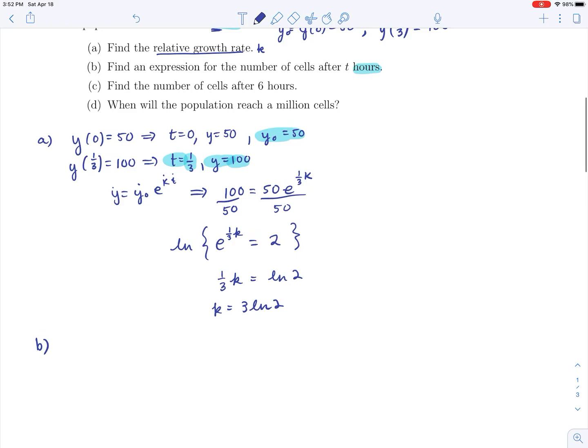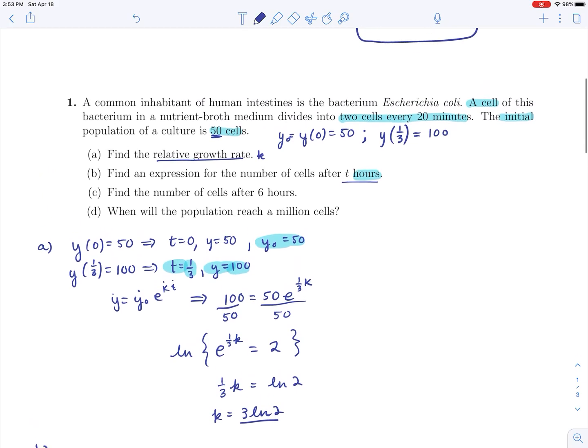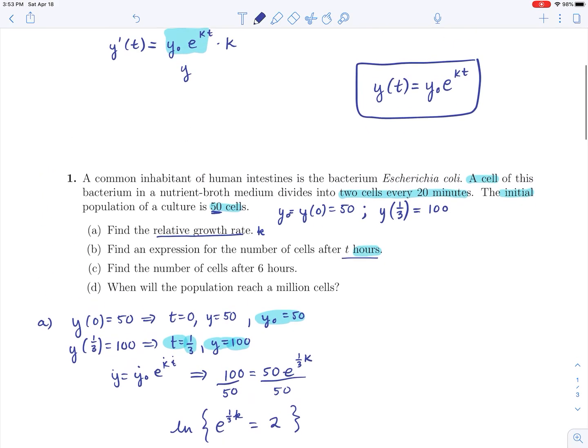Part B asks us to find an expression for the number of cells after t hours. So all we're doing there is putting our k back into our model, which is up here.